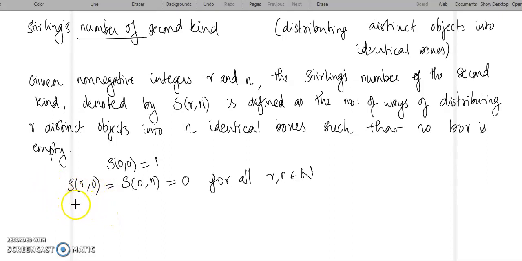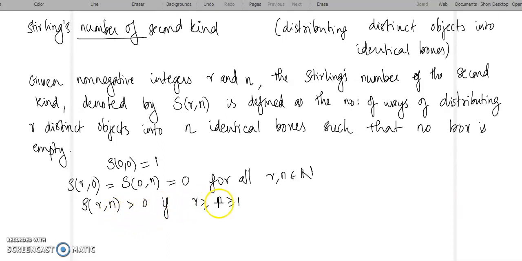And again S of r, n is greater than 0 if r is greater than or equal to n, which is greater than or equal to 1. Whenever the number of objects is greater than or equal to the number of boxes, you can keep at least one object in each box. So there will be some number of ways of distributing the objects.